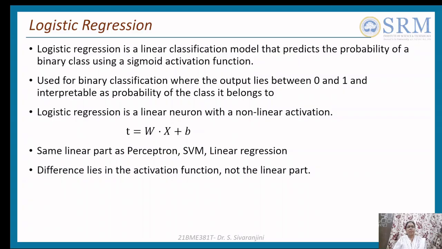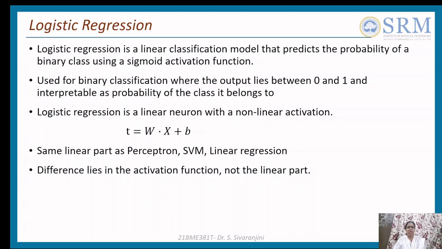The equation can be expanded as W1 X1 plus W2 X2 plus W3 X3, and it goes on till Wn Xn plus b. b is the bias term. So it is the same linear part as a perceptron, an SVM, or a linear regression. The difference here is the activation function and not the linear part. It uses the same weighted sum as a perceptron, a combination of the inputs, weights, and the bias.